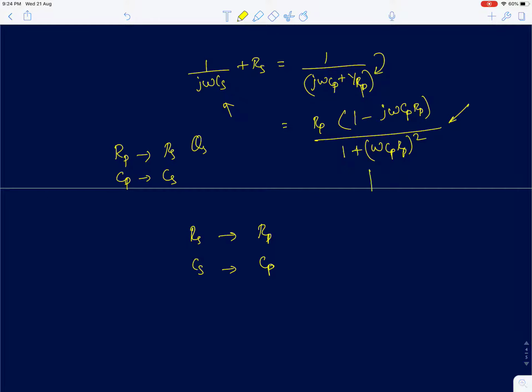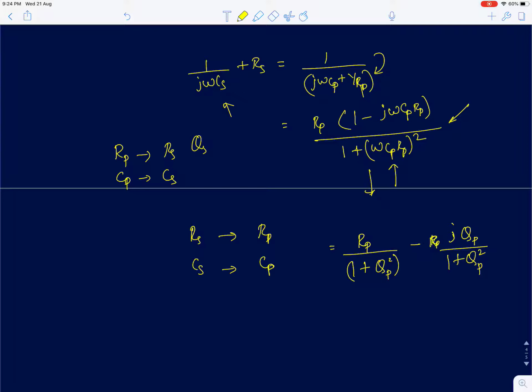Okay, so by doing it this way, if you see this result, omega Cp Rp is actually Qp. So I'll get Rp upon 1 plus Qp square minus jQp into Rp upon 1 plus Qp square.